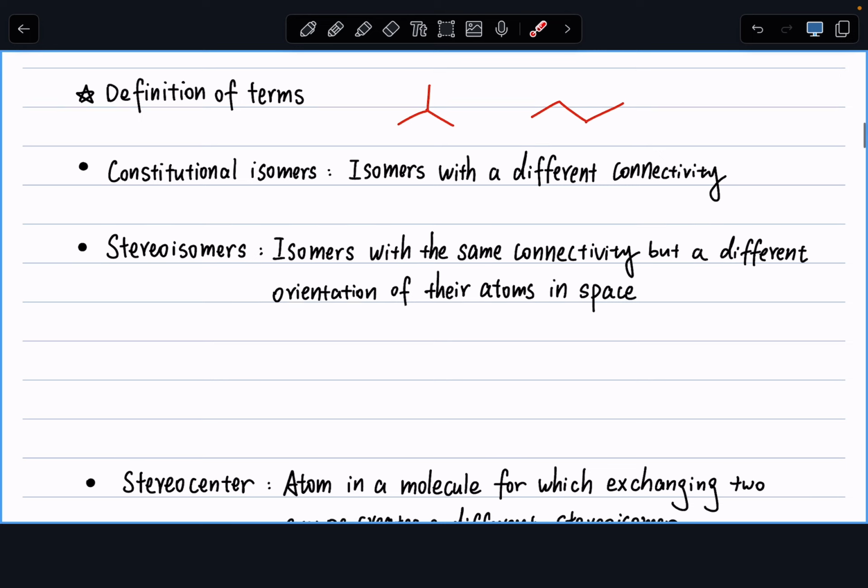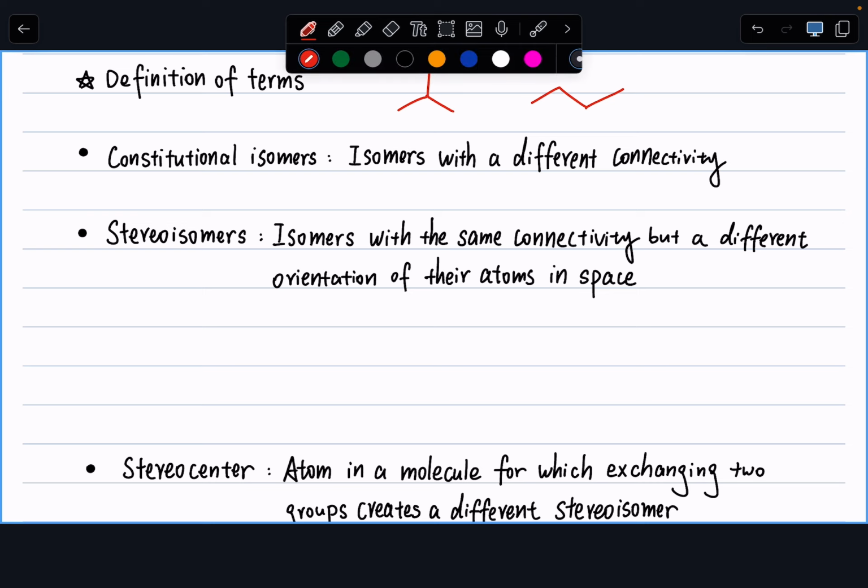So if we look at some examples here, let's think about these pairs. Let's say this one. We have it wedged out versus, let's say, 1, 2, 3, 4, 5, 6, 7. So in both cases, they have 7 carbons, all alkenes.